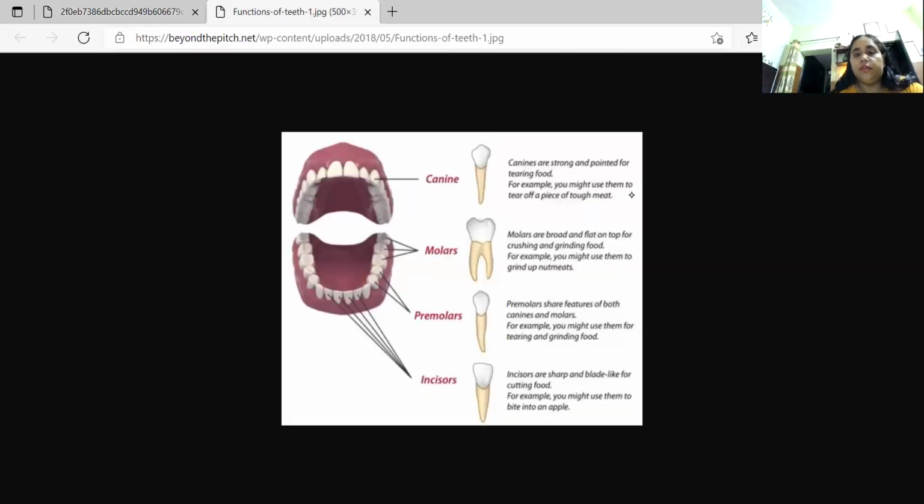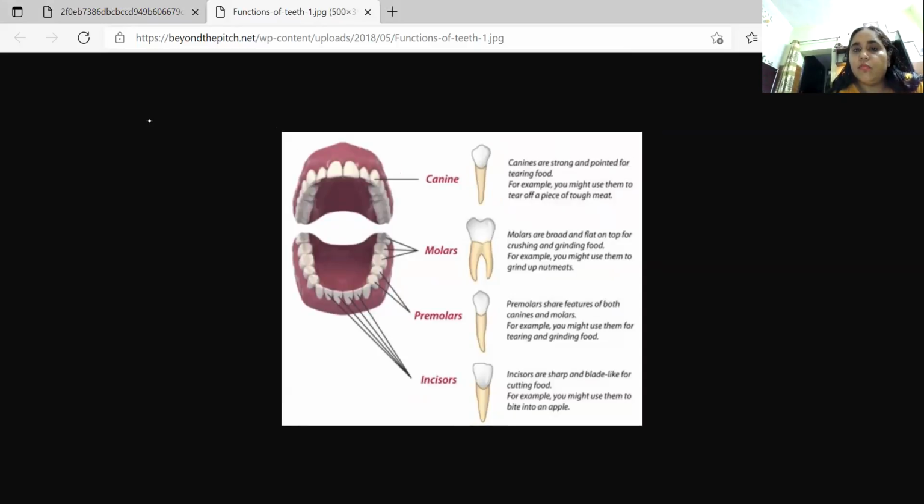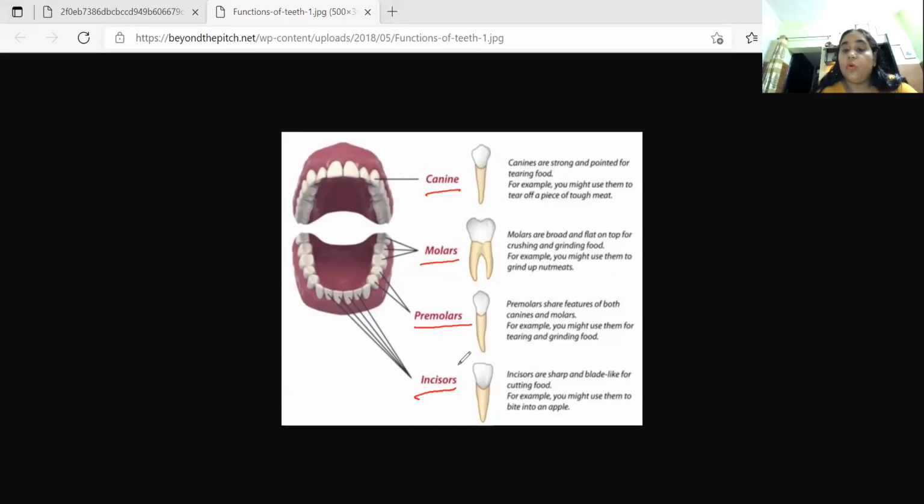Yes, over here. Now if you look at the different types of teeth, they are canines, molars, premolars, and incisors. Now, what are the functions of each?